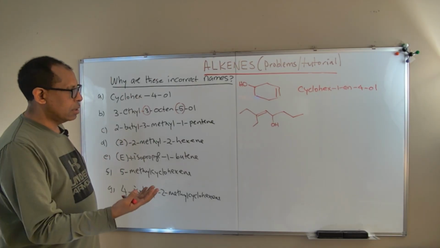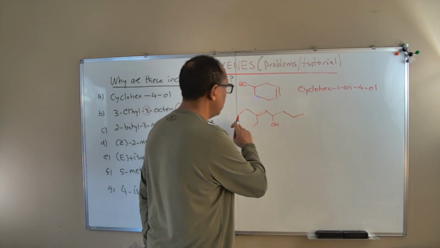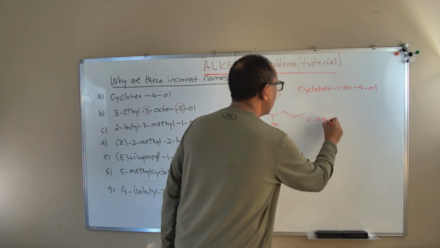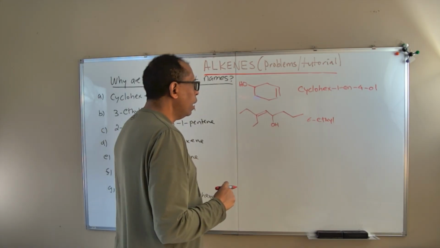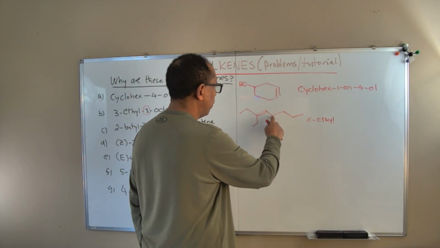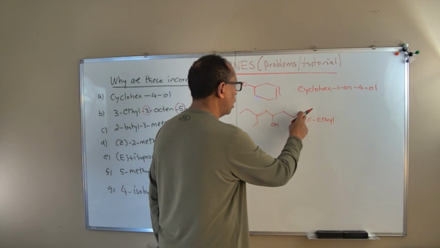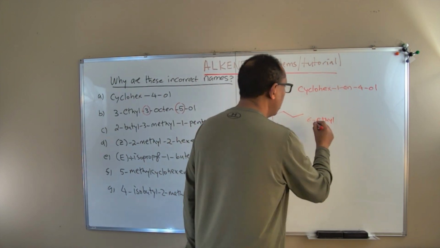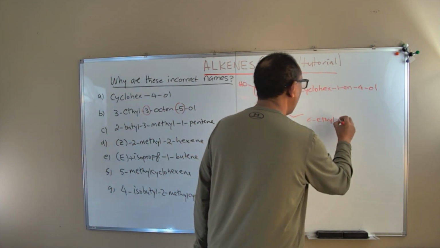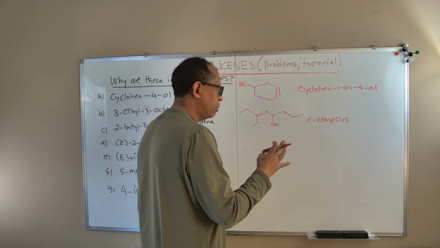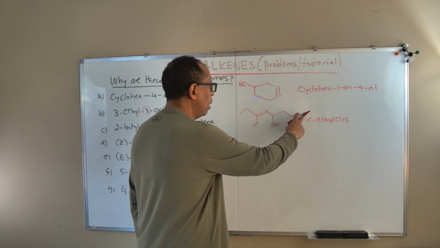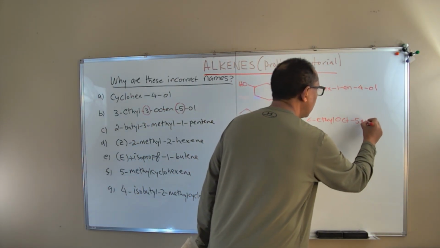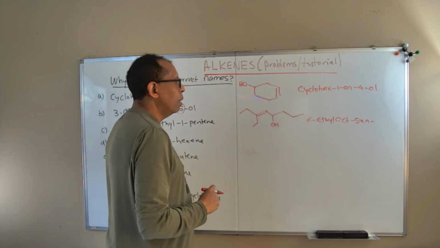So let me write this out now. It should be written as 6-ethyl, and it's an octane because it's 8 carbons: 1, 2, 3, 4, 5, 6, 7. At the 5 position you have the alkene, 5-ene.